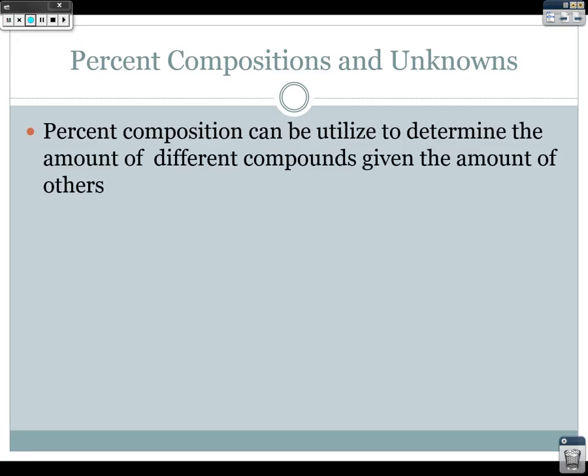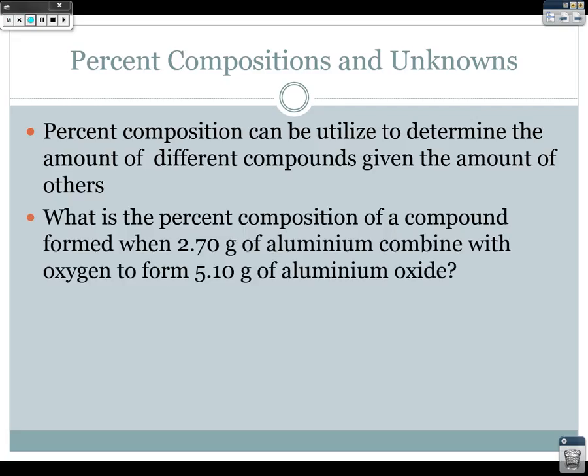Now, you can do this a couple ways. You could also use percent composition to find some unknowns. So percent composition can be utilized to determine the amount of different compounds given the amount of others. For example, I could ask, what's the percent composition of a compound formed when 2.70 grams of aluminum combine with oxygen to form 5.10 grams of aluminum oxide.